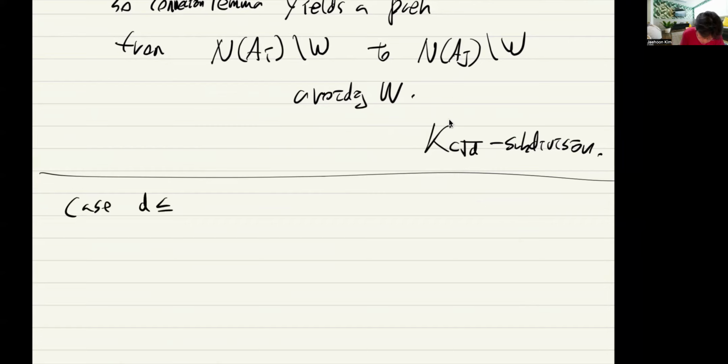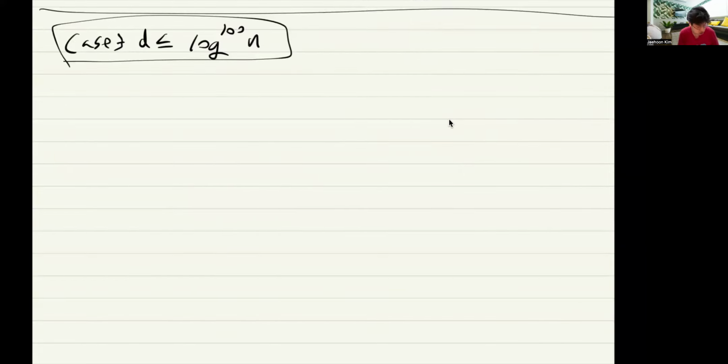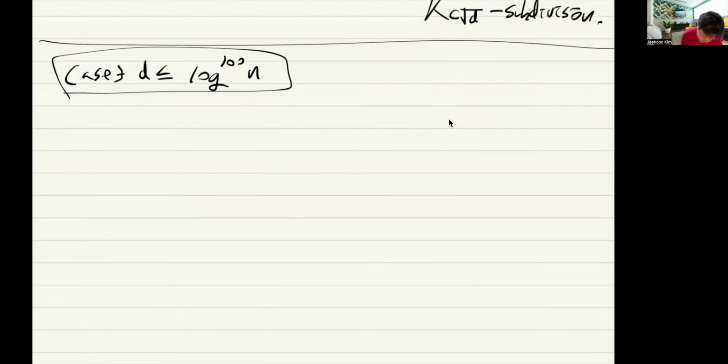And the last case is when d is extremely small, log to the 100 n. This case I will not explain in too much detail. So basically, again, you assume that you have bounded maximum degree. And then d is very small.